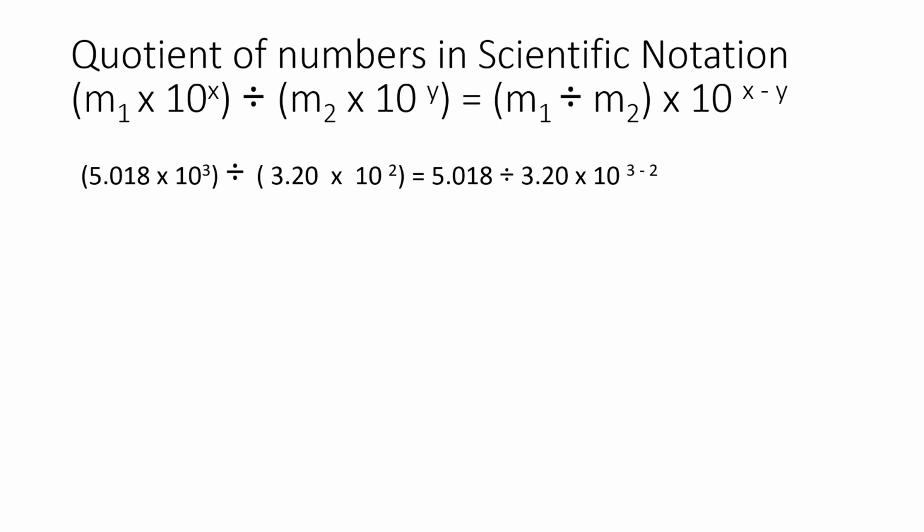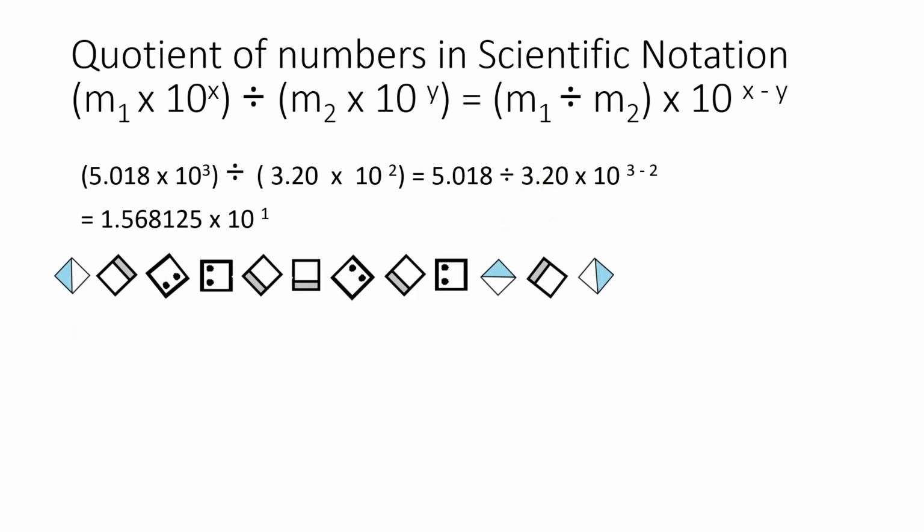So we will divide 5.018 by 3.20 into 10 raised to power 3 minus 2, which is equal to 1.568125 into 10 raised to power 1. Note here, there is a single digit. The M part of it is already in proper form. Therefore, we need not go ahead.